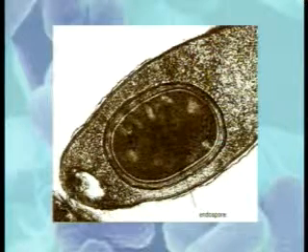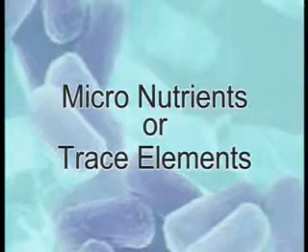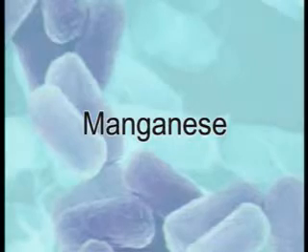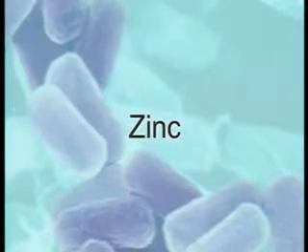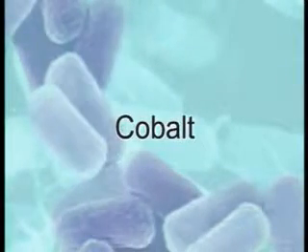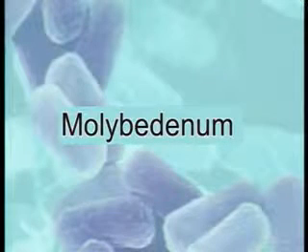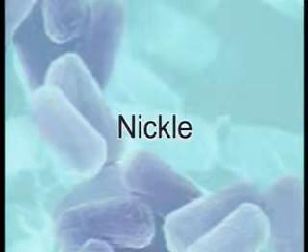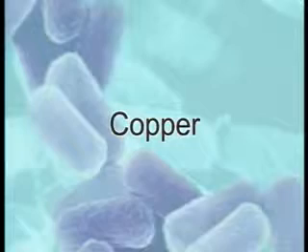In addition to macroelements, all microorganisms require several nutrients in very small amounts. These are called micronutrients or trace elements. The micronutrients such as manganese, zinc, cobalt, molybdenum, nickel, and copper are needed by most cells.